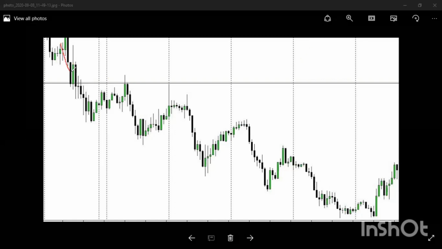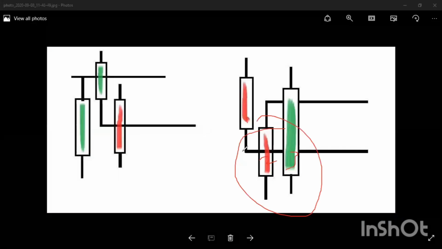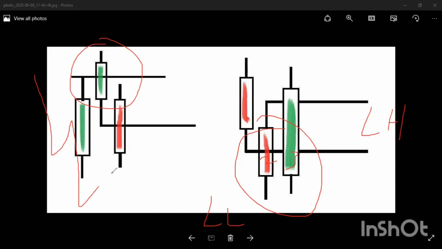But we want the last swing low, these 1, 2, 3 candles. That's what we're looking for. For a lower low, we are looking for this. For a lower high, we are looking for this. In a downtrend, we're looking for those 3 candles.